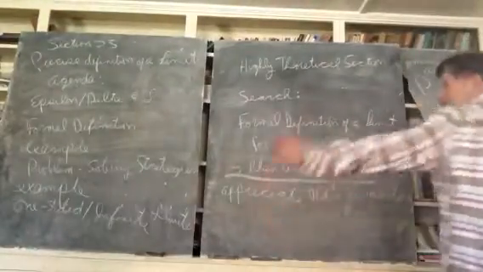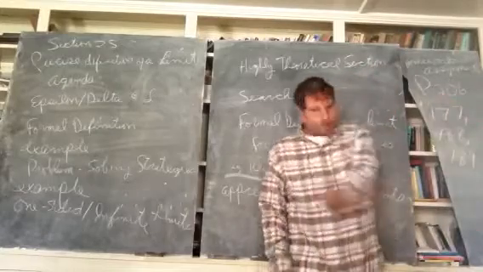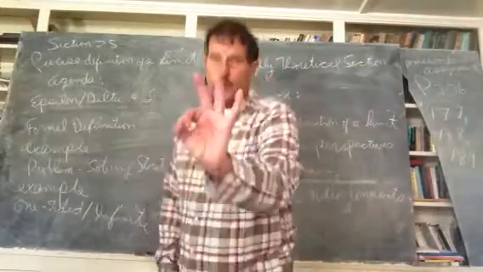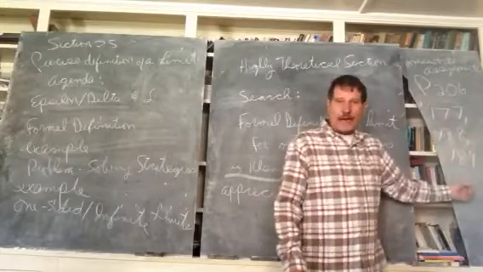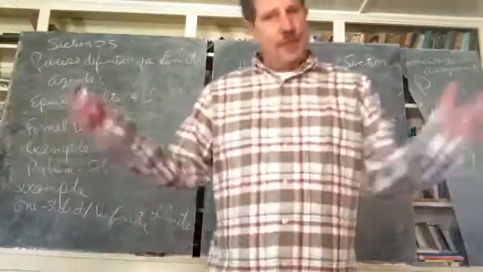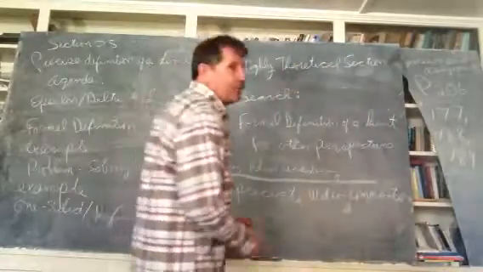The homework for this section, section 2.5, is on page 206. There's only 3 problems: number 177, number 188, and 189. And this is a tough section. Again, it's highly theoretical.